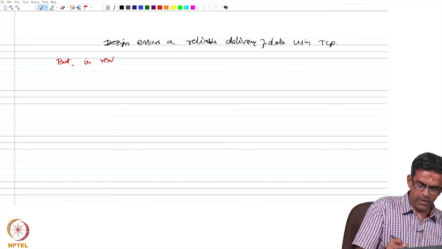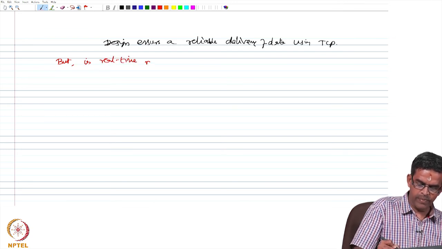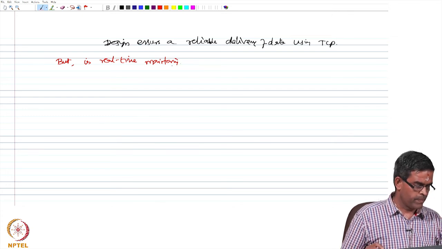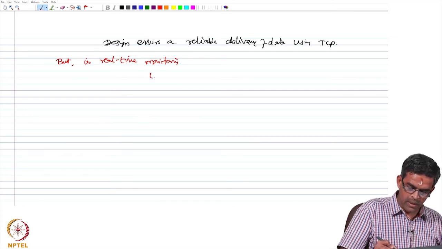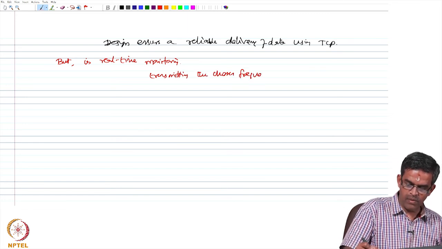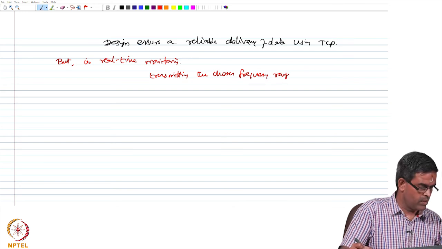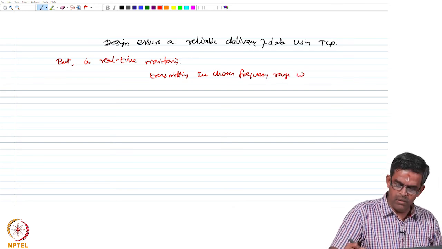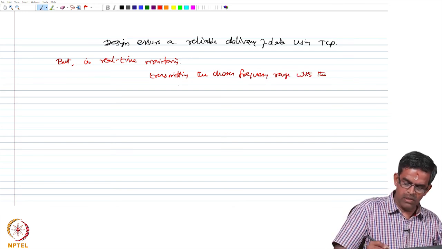But in real time monitoring, transmitting the chosen frequency range with the available standard protocol is a challenging issue.